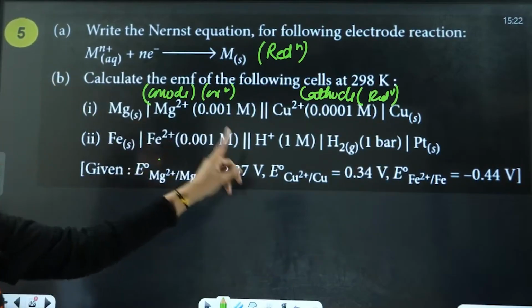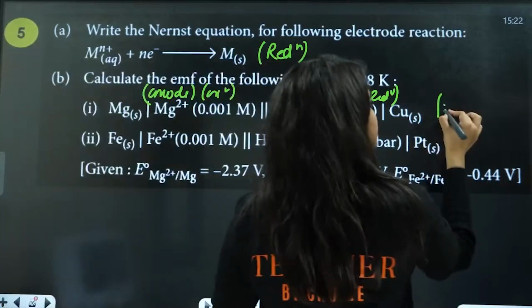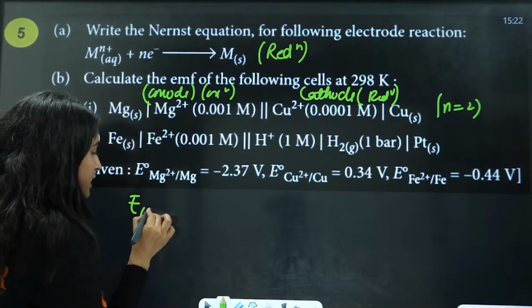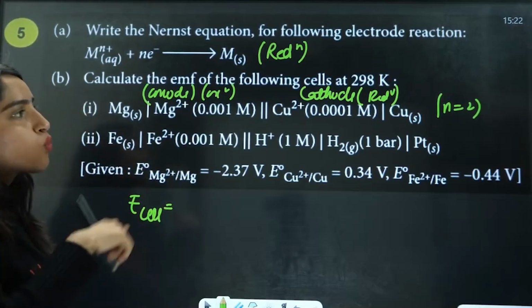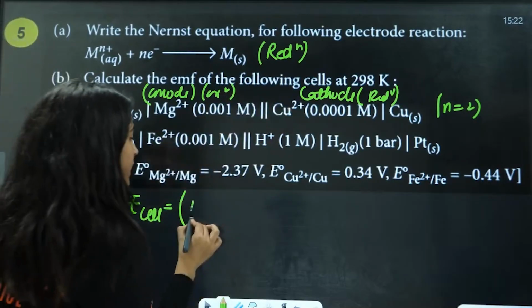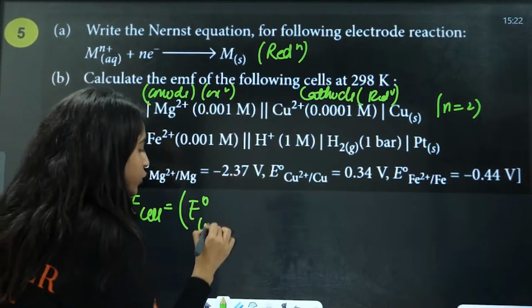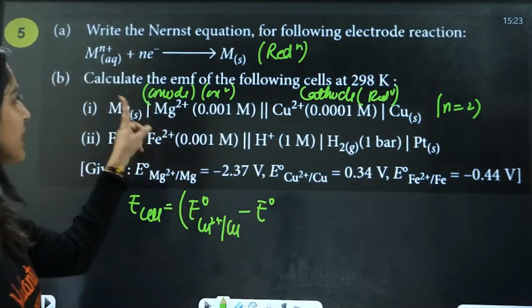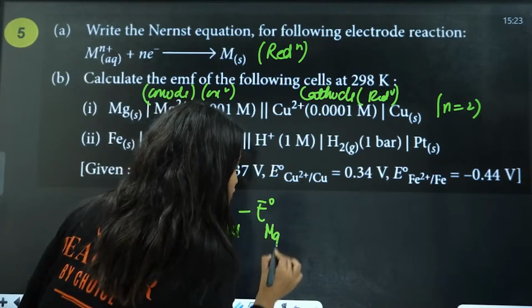How many electrons are gained or lost here? n is equal to 2. Everyone write it down with me. E cell equals E naught, where E naught is E naught cathode, the Co2 positive reduction potential, minus E naught anode, the Mg2 positive reduction potential.